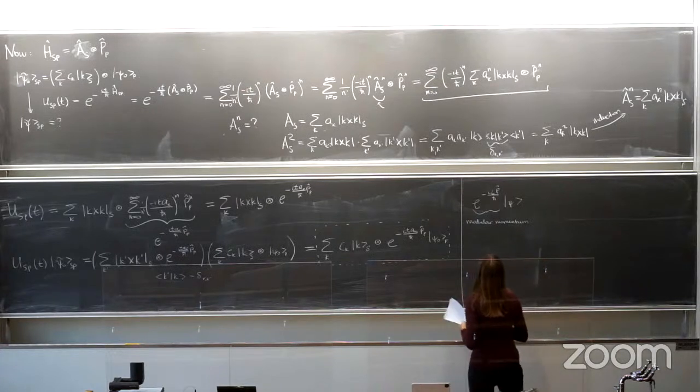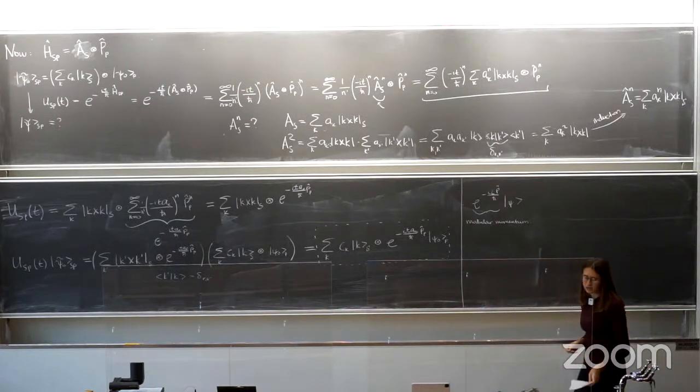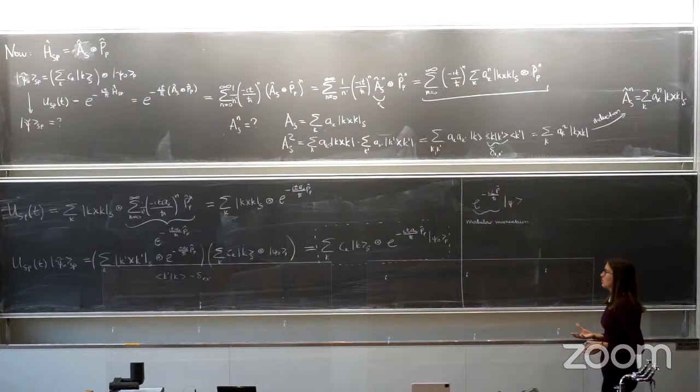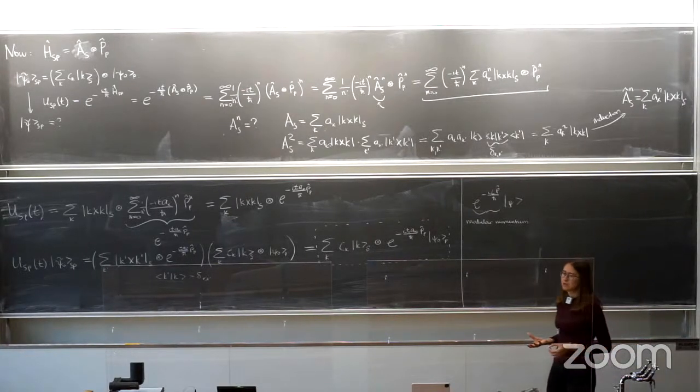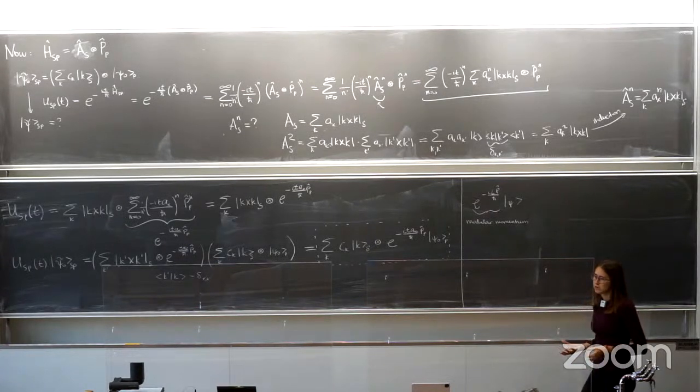One thing you can already see is in which basis it's easier to consider this kind of operator. If you have a function of the operator p, it's always easier to analyze it in the momentum basis, because there it acts trivially. When you have a function of x, it's easier to use the position basis because there it acts trivially.